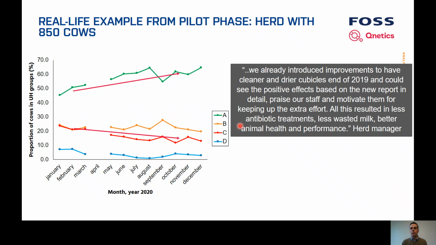And thus they used it to praise their staff and motivate them for keeping up the extra effort in terms of cubicle management. They also noticed that all this resulted in less antibiotic treatments, less wasted milk, and better animal health and performance. So they were really happy with the new information they got through this new report.